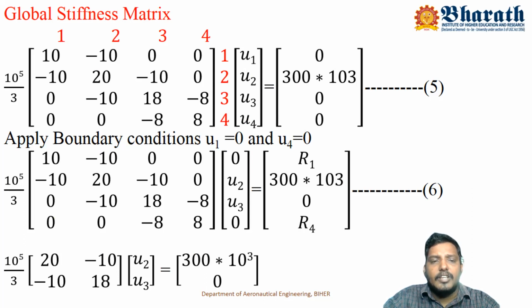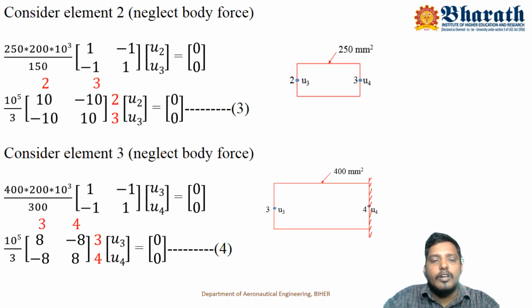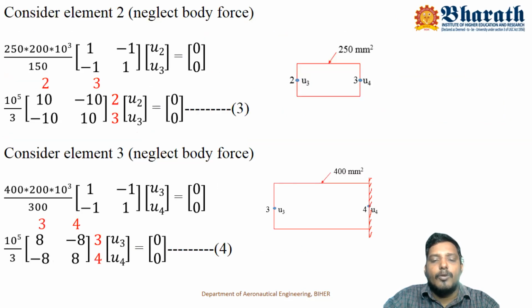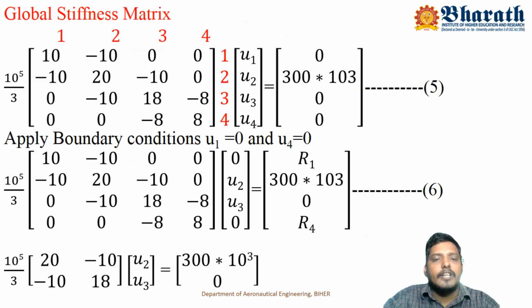We see what the combination at 2,2 is: the value is 20. How do we get this 20? In equation 3, the 2,2 term is 10, and in equation number 2, the 2,2 term is 10. Then 10 plus 10 gives 20. In the same way we assemble to get the global stiffness matrix.